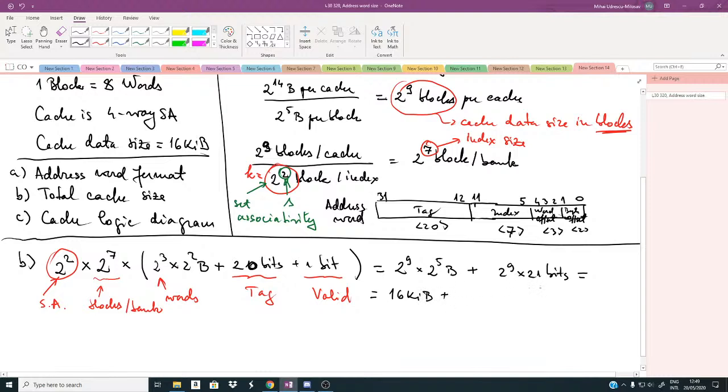Now let's see about this supplementary part. I want to approximate this as a number of kilobytes, obviously, because I want to add this quantity to this one, and this one is expressed as kilobytes. This is not a power of 2, so I cannot express it directly as kilobytes.